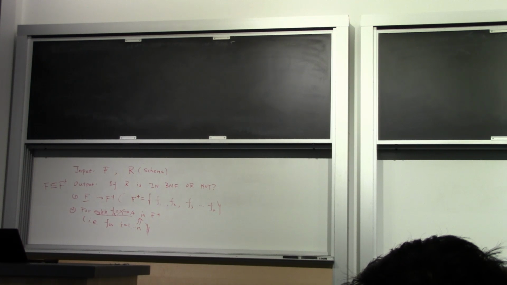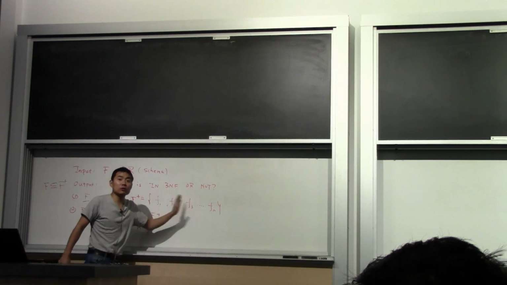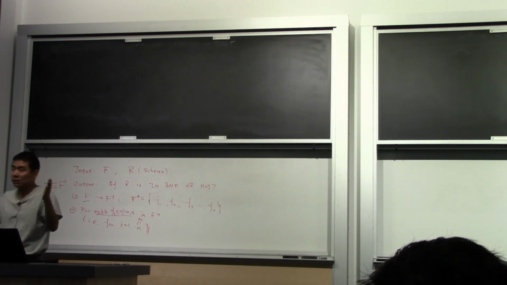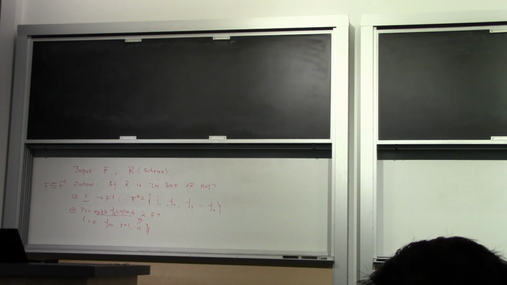Okay? If both of the first two conditions are not met, meaning it's not a trivial functional dependency and the left-hand side is not a super key, then this tells you immediately, without looking at the other functional dependencies, regardless of whether they satisfy this requirement or not, that this schema is not in BCNF. Because for any normal form, to violate it, you only need to find one such functional dependency.